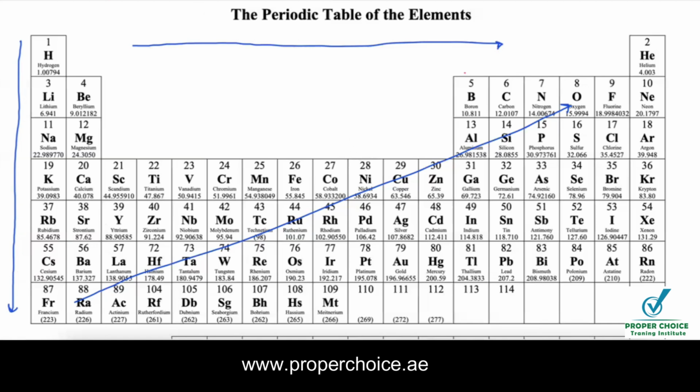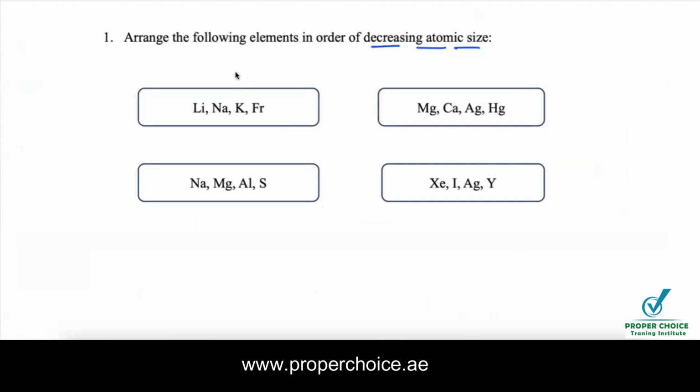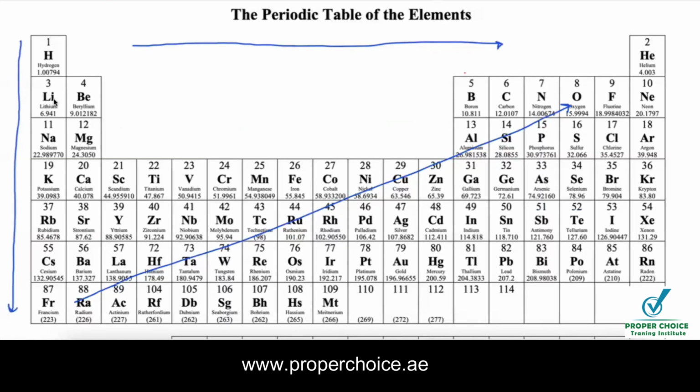Now, the question is asking you to arrange the following elements in order of decreasing atomic size. Look at the first case: lithium, sodium, potassium, and francium. Look at the periodic table and recognize them. Lithium is here, sodium is here, then potassium, francium, so we are talking about them in this order.